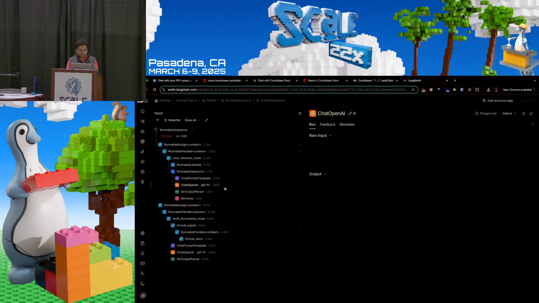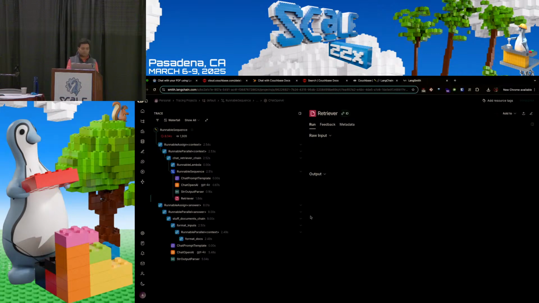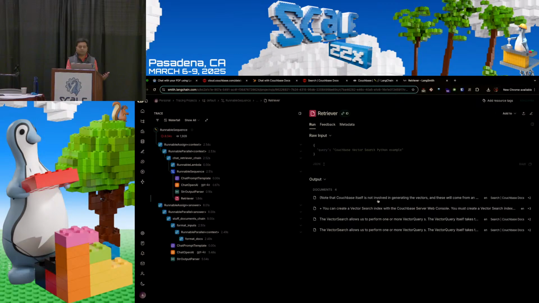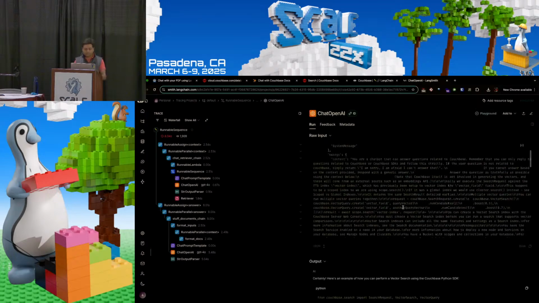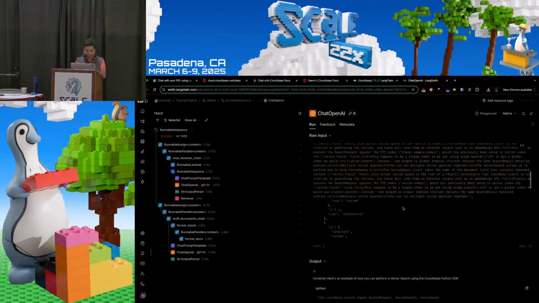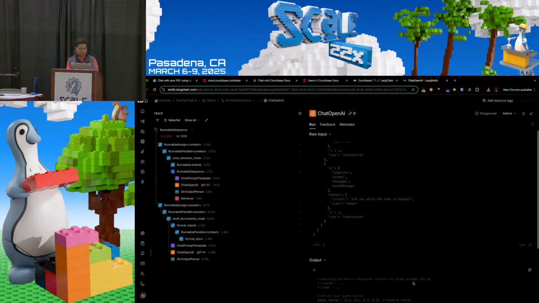Then you have a component that summarizes this, and the summary of the conversation is Couchbase vector search Python example. Then you use that to retrieve documents from the vector store that meet the requirements, and then you send this entire document content into this LLM, and the LLM generates the answer for you.